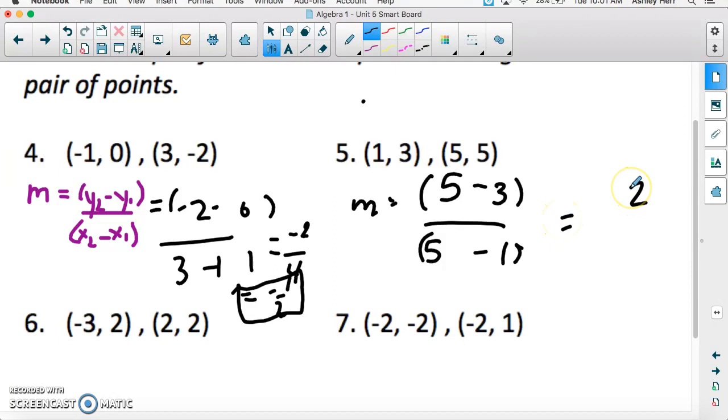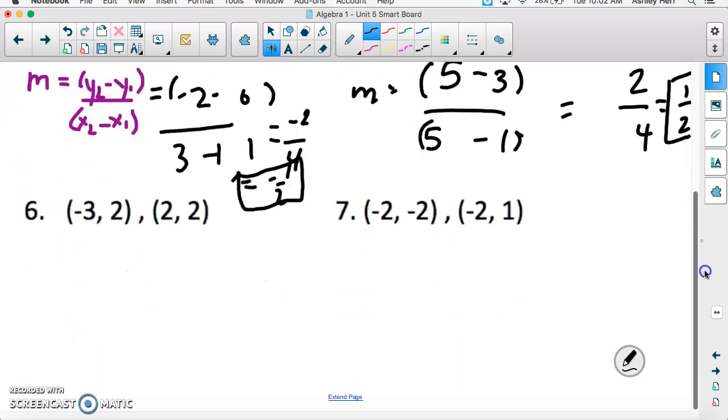Five minus 3 is 2. 5 minus 1 is 4. What does 2/4 reduce to? 1/2. Good. Okay, so your slope for number 5 is 1/2.